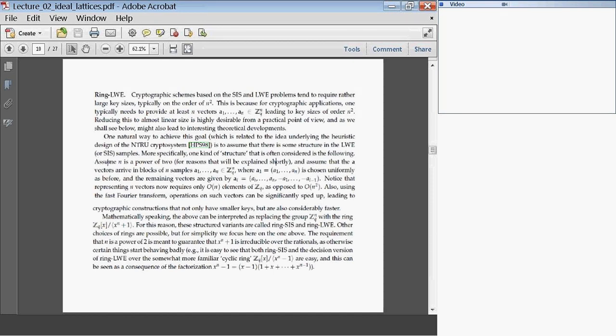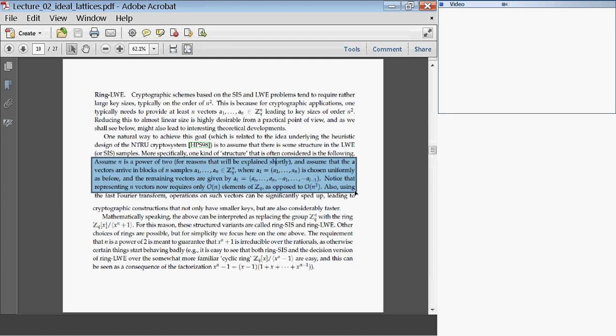Actually, I included a wonderful slide. The reason why I included it is because my goal here was also to note the LWE survey paper that was included.